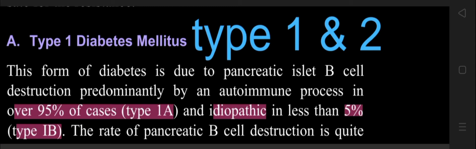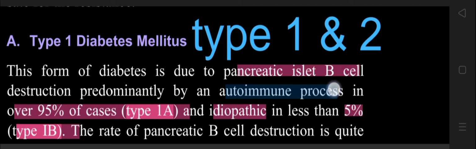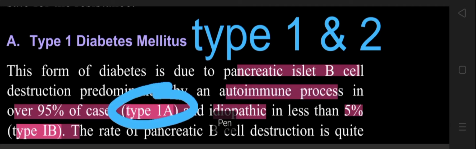Once again, in short, we have two types of diabetes, type 1 and type 2, and in type 1 we have subtypes, type 1A and type 1B. If pancreatic cells are destroyed because of an autoimmune process, we call that type 1A.